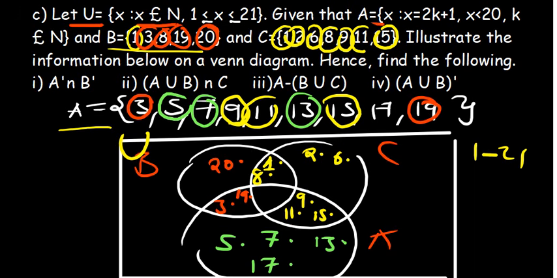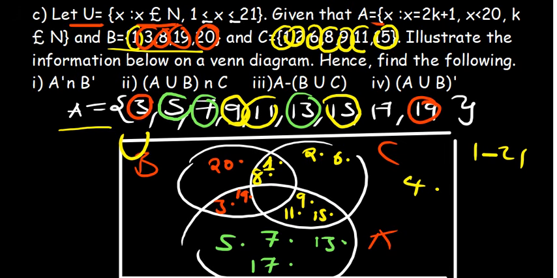So 1 is already part, 2 is already part, 3 is. 4, I can't see 4 anywhere. You can write it there outside. 5, can you see 5 anywhere?